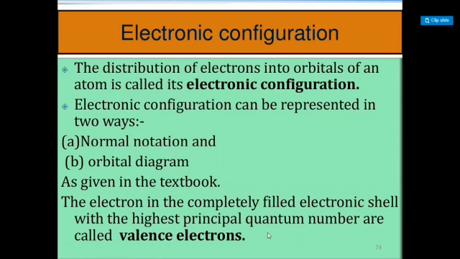So, with these three rules, electronic configuration can be easily done. Electronic configuration means the distribution of electrons in the orbitals of an atom. It can be represented in two ways: normal notation and orbital diagram.